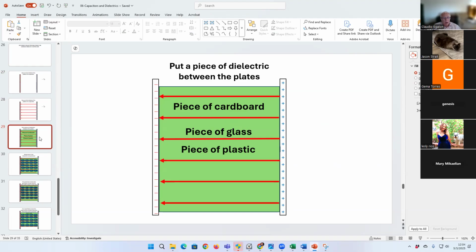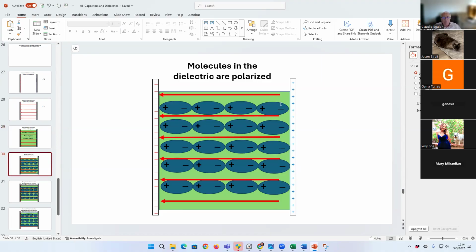And what's that? This electric field that you see right in here is going to try to polarize this substance in between the plates. The electric field is going to try to rip apart the molecules of this material, by which I mean it's going to polarize the molecules inside this dielectric material.